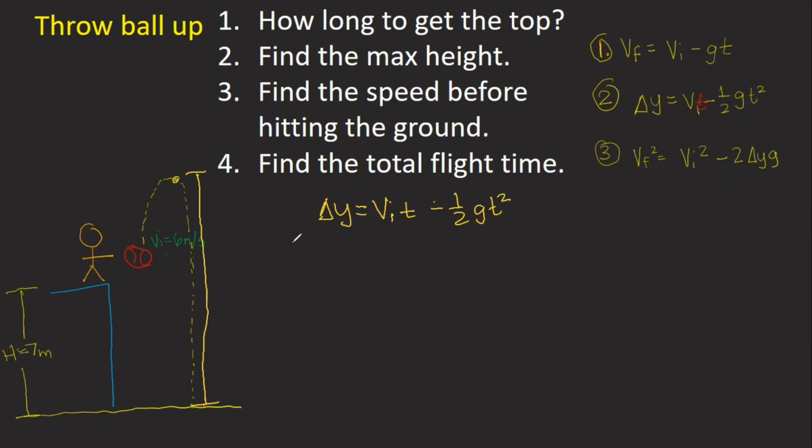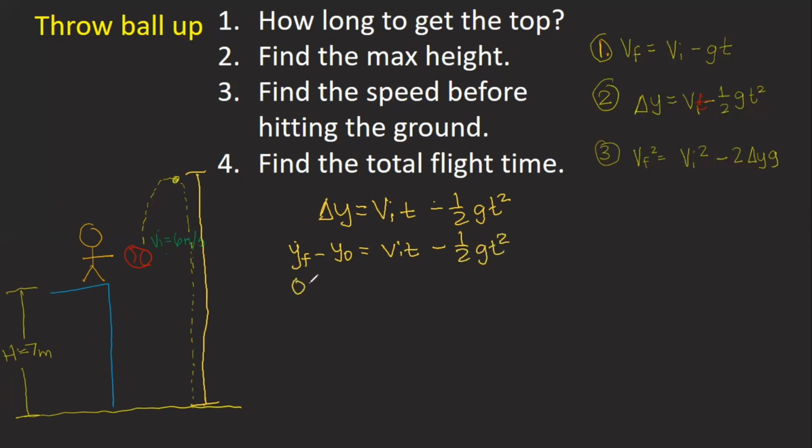So our concern is the time. Again, the change in y is the final position minus the initial position, equal to initial velocity times time minus 1/2 gt squared.